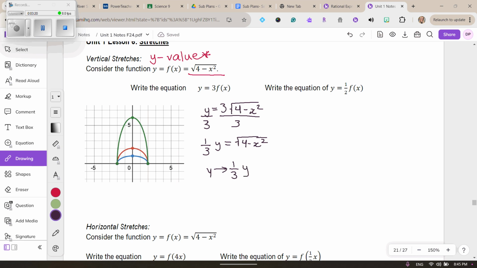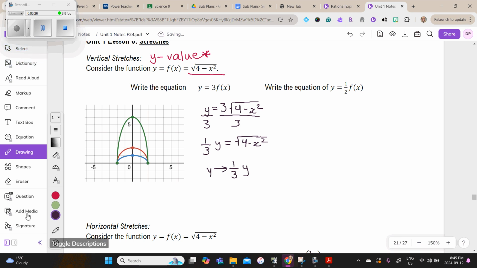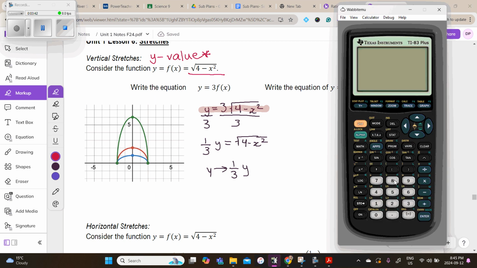Now let's check to see what that looks like when we graph that original equation. I'm going to put in what I originally came up with as my equation, which was y equals 3 times the square root of 4 minus x squared. We have to put things in the form y equals in order to put them in our calculator.